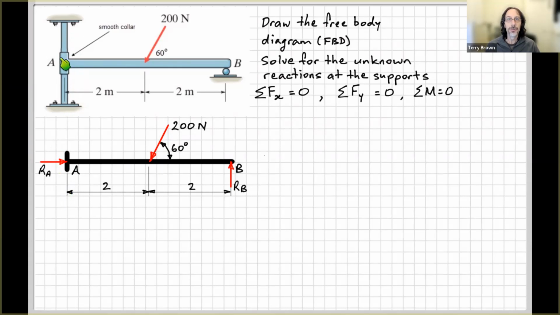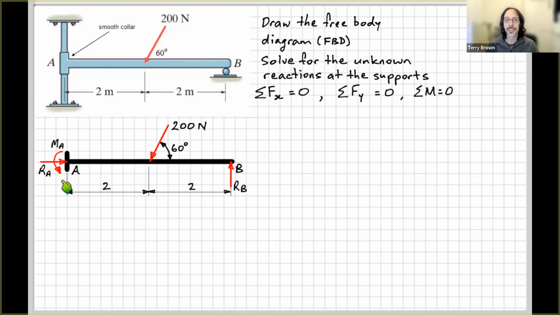It is, though, prevented from rotating, right, because there is some length to this collar, so that prevents that from rotating down. Like, so my hand here is at end A, sitting in that collar prevents it from rotating down. All right, so we need to put in there a moment reaction. You can put in the direction that you think it's going to go, or you can put it in as the positive direction.